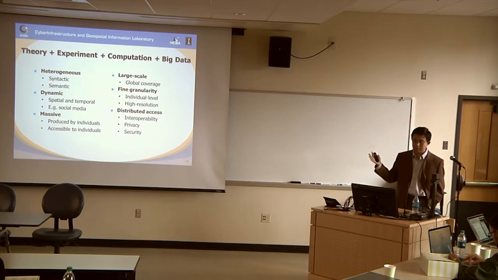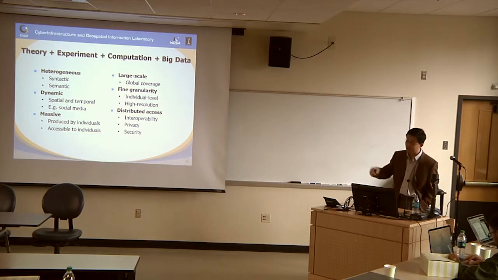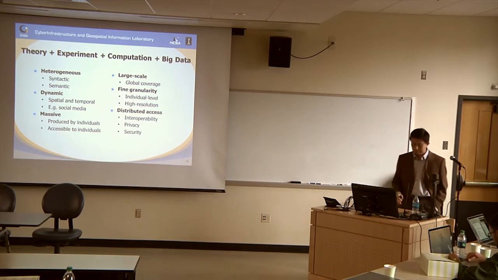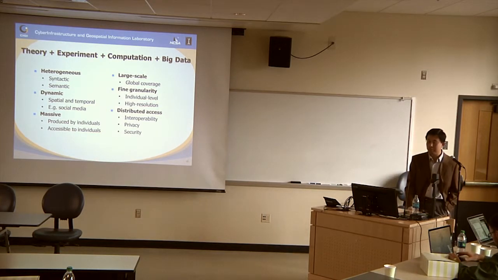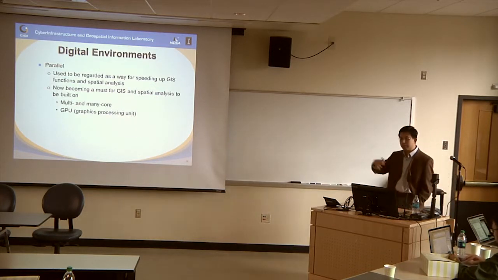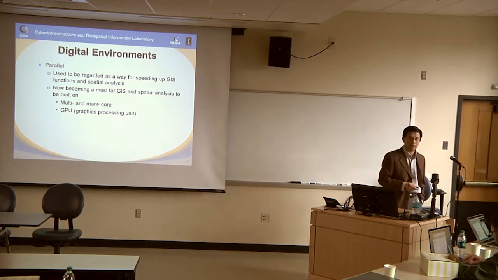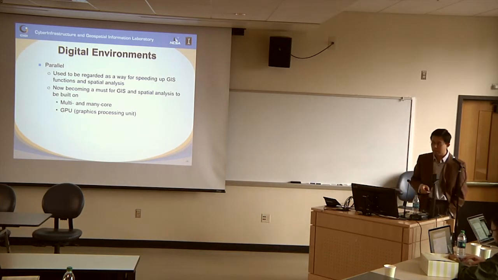I could use other examples coming from experimental high-end physics, which is another space-time data world. But I think the argument here is that dealing with geospatial, spatial temporal data in the geospatial context is exciting and unique. So extending beyond the data world, what are the broad digital environments we are facing today?